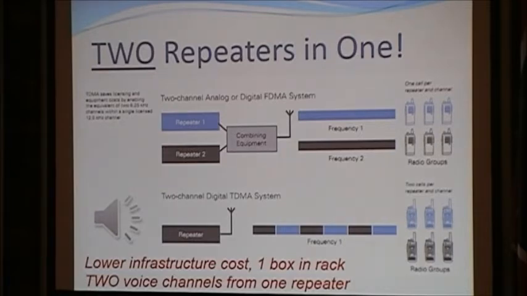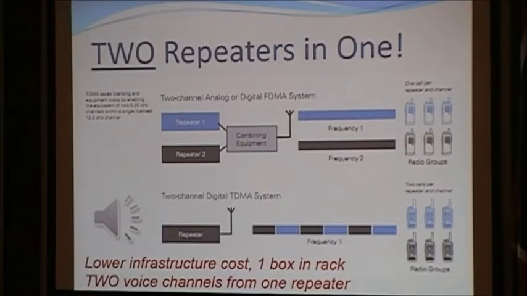But because it is digital, it allows that multiplexing to divide the signal in half. Great, a lower infrastructure cost, because now you have one repeater having the ability to supply 2 individual simultaneous conversations at the same time.